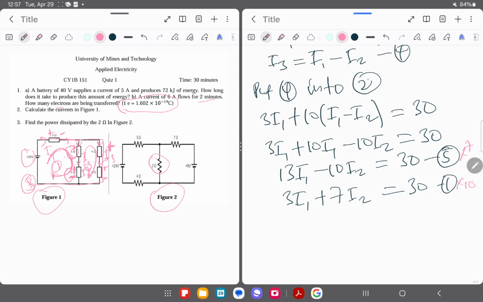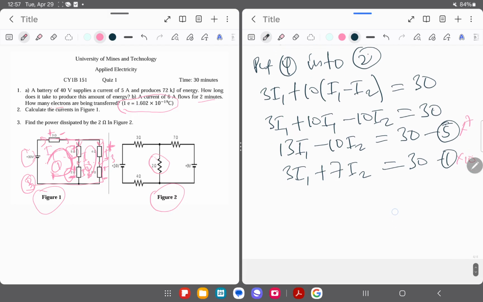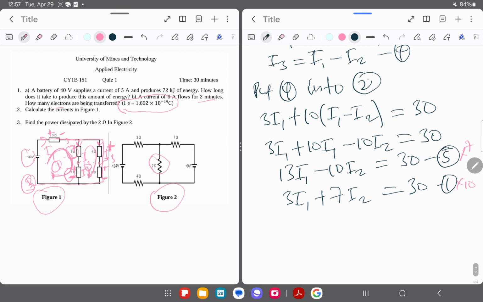Multiplying equation 5 by 7, 7 times 13 is 91, so 91I1 minus 70I2 equals 7 times 30, which is 210. Let me label this as equation 6.